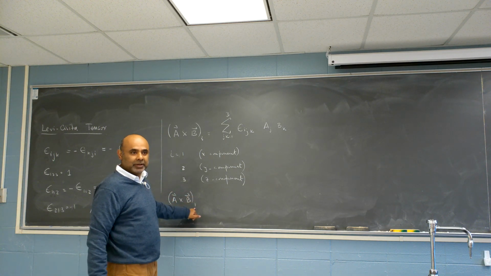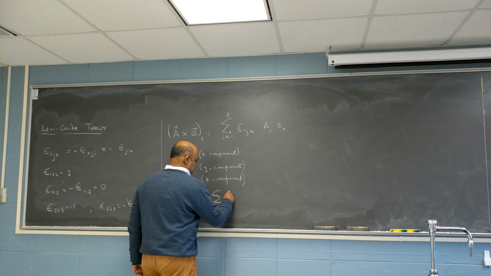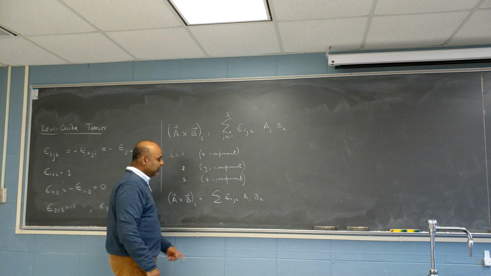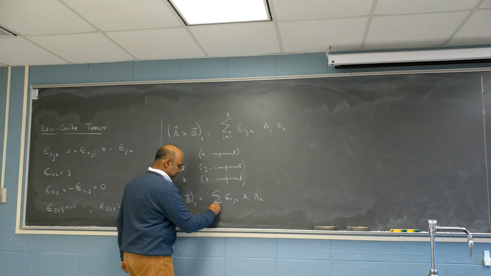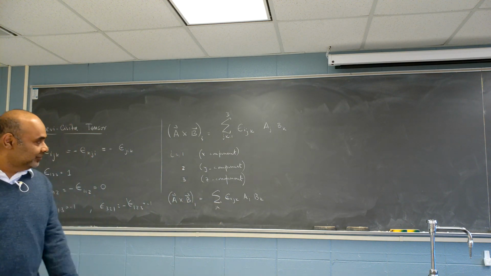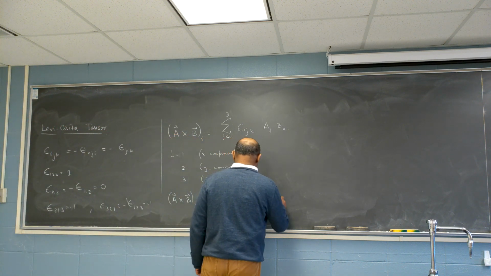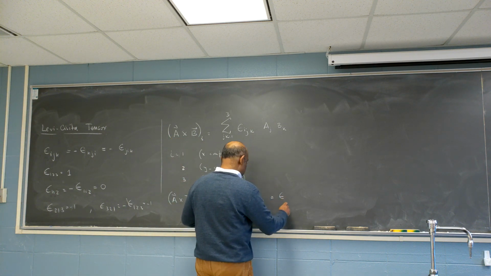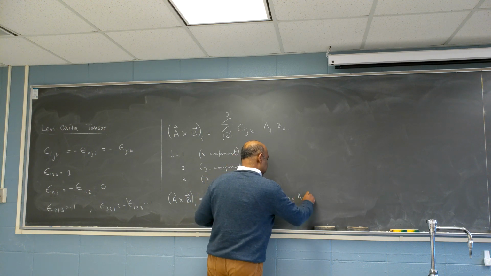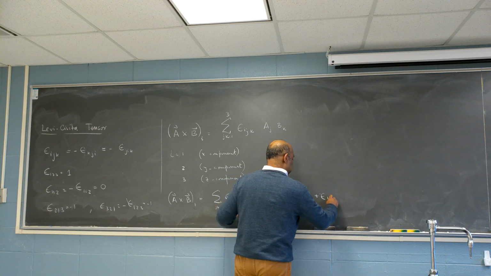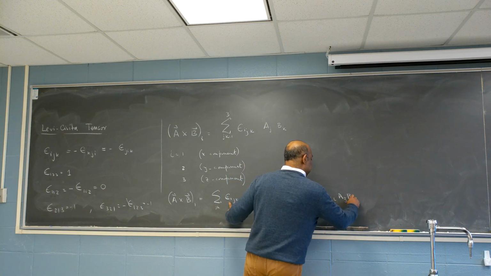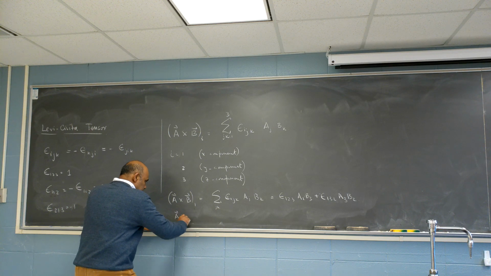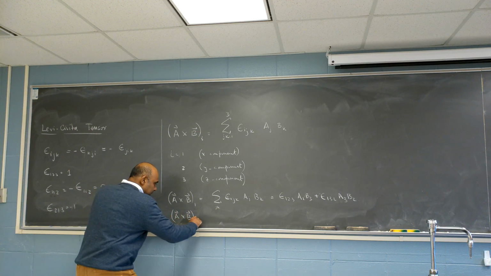Knowing that this is the x component, it's epsilon 1 j k, a j, b k. Look, j and k have to be different, so the only combinations that will exist are epsilon 1 2 3, a 2, b 3, plus epsilon 1 3 2, a 3, b 2.